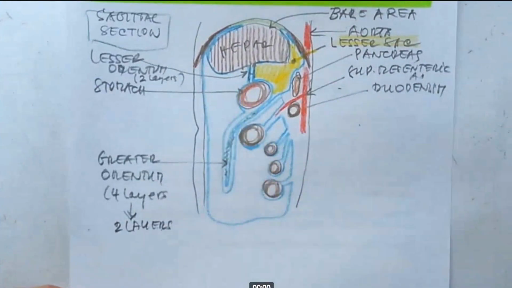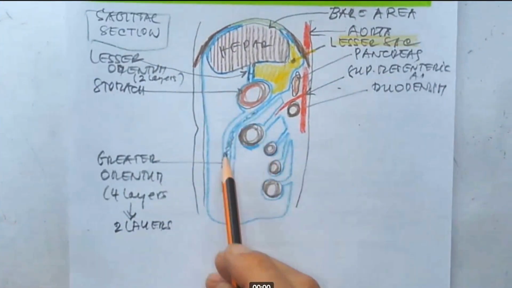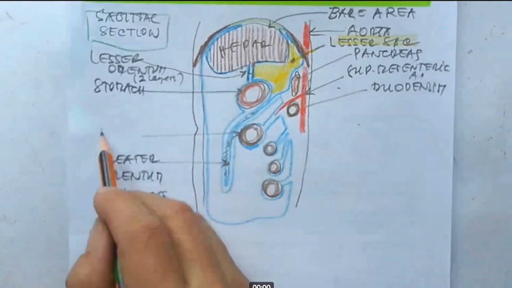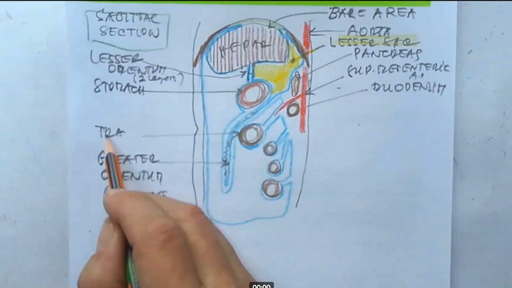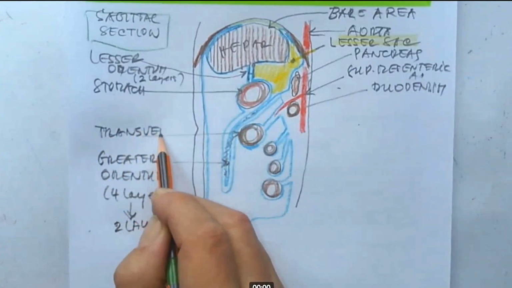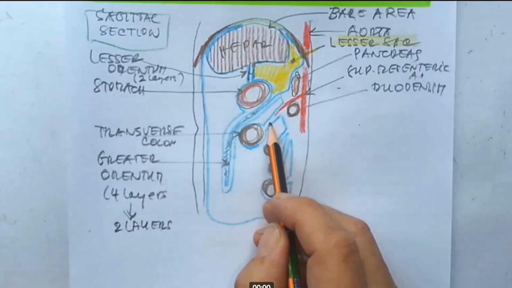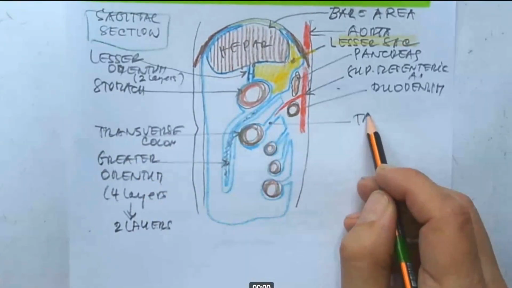Good. Stomach, everything's clear. Omentum, yes. The greater omentum we have. That one is the transverse colon, and also, logically, that one is the transverse mesocolon.